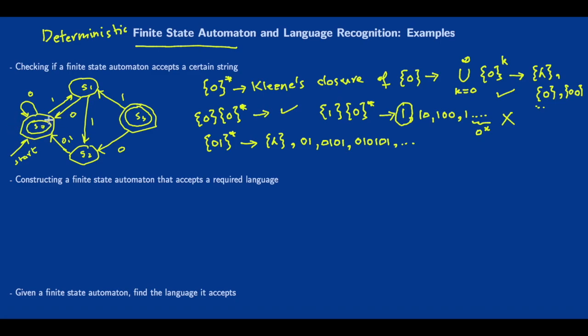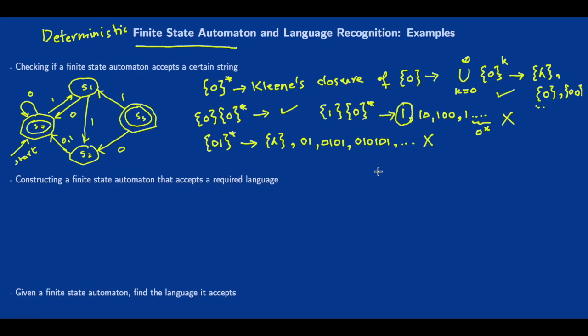If we want to go to this ending state, we should have a 0 here. And this other state, we cannot even reach it. All the arrows are actually going out from this state. So for this final state, we should have a 0 at the end. But none of these strings has 0 at the end. So this is not accepted.